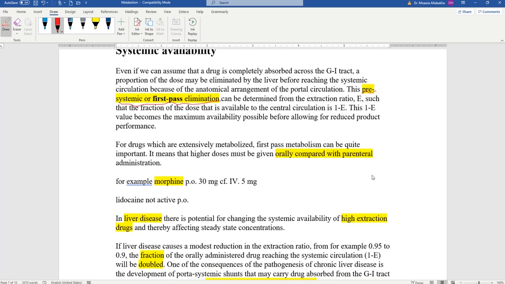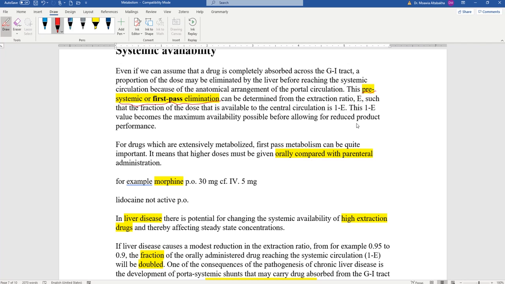Now, for some drugs, this can be very high. Here we'll call it the extraction by the liver. For some drugs, this extraction can be very high. It means if you give, for example, 100 milligram, only maybe 20 milligram will reach the systemic circulation, or 10 milligram.